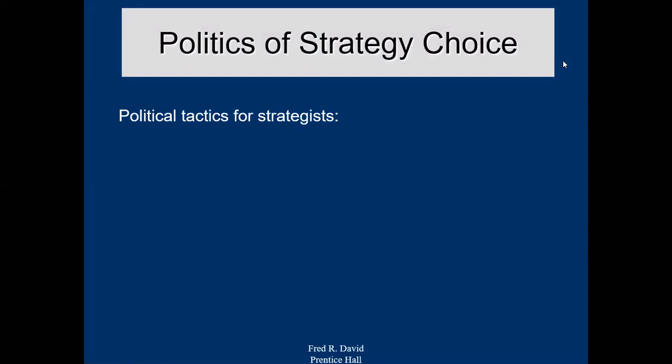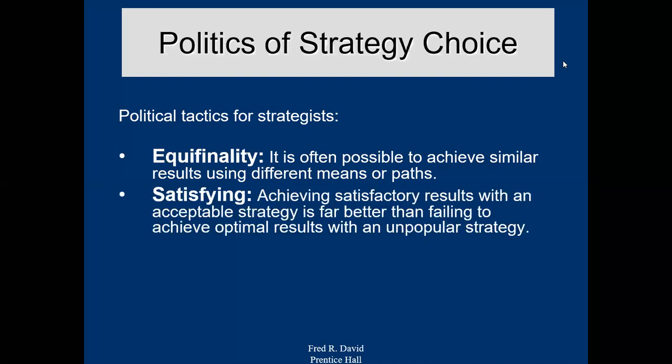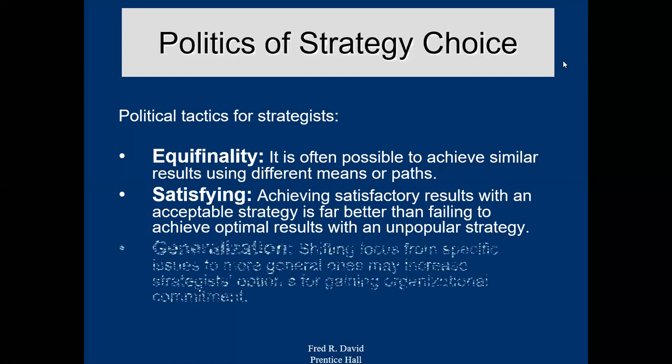The first one is equifinality, which means that it is often possible to achieve similar results using different means or paths. Satisficing means achieving satisfactory results with an acceptable strategy is far better than failing to achieve optimal results with an unpopular strategy.